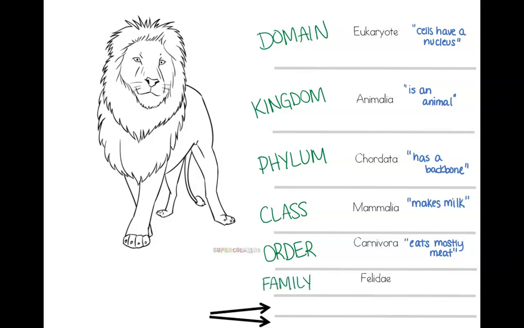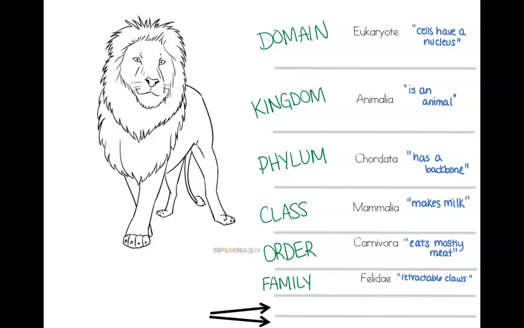The next level of classification is called the family, and for a lion, the family name is Felidae. Now, you might recognize Felidae being feline or cats, and what makes cats unique, right, more specific than any of our other names, is that cats have retractable claws.